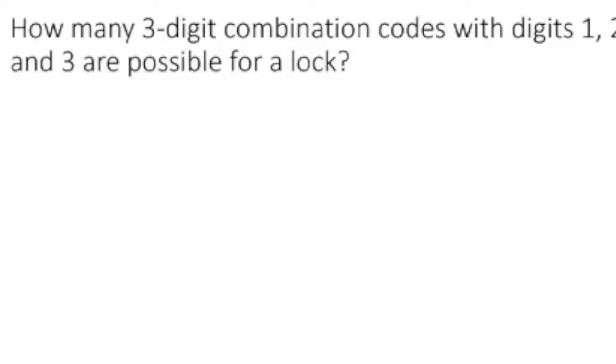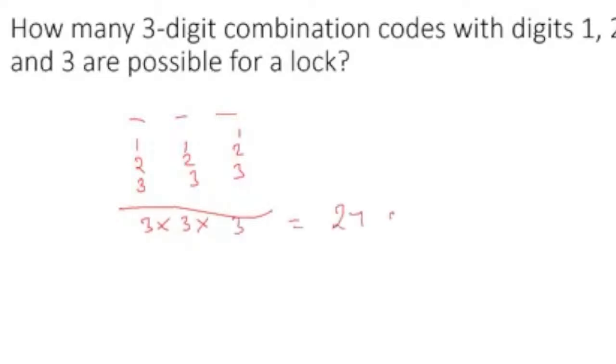Yes, now. So guys, remember for a lock, I don't have any restriction here. For the first place I have 1, 2, 3, second place 1, 2, 3, last place 1, 2, 3. So total number of ways is how much here? 3 into 3 into 3. So it will be how much? 27 ways.